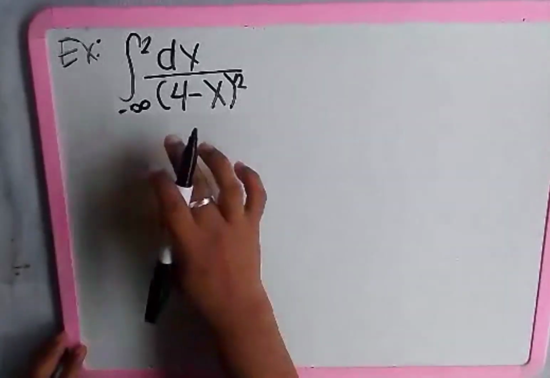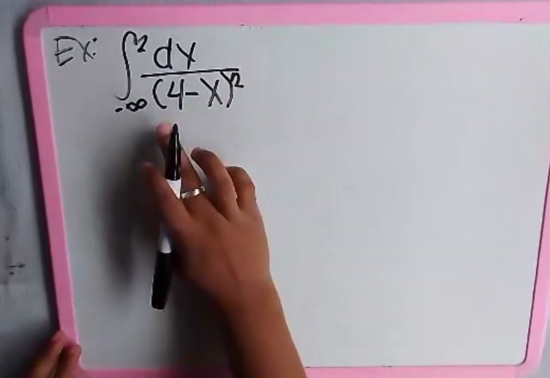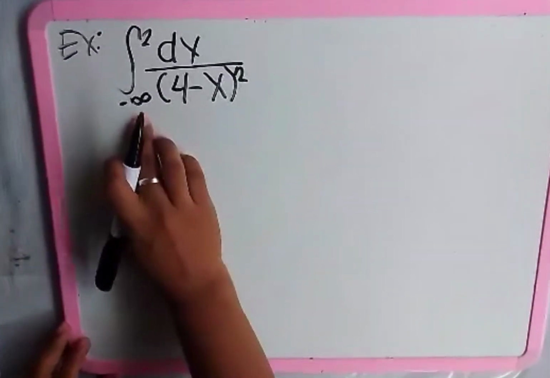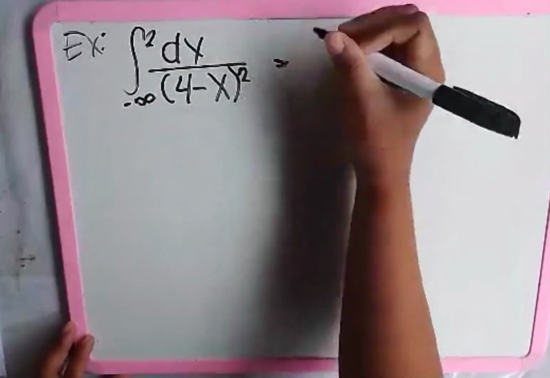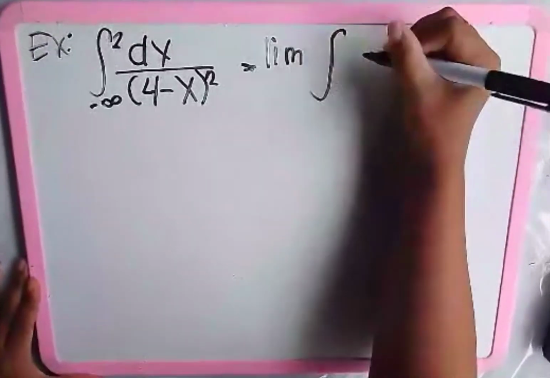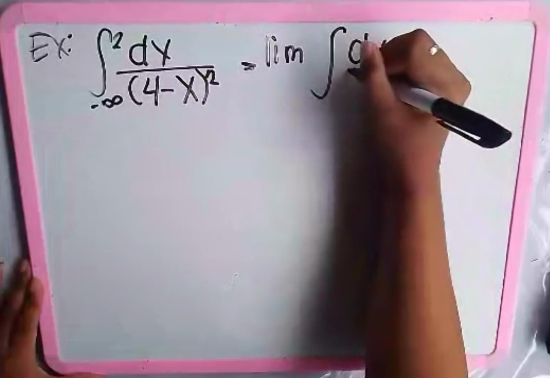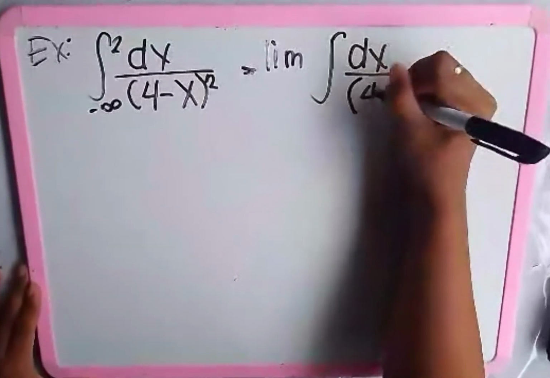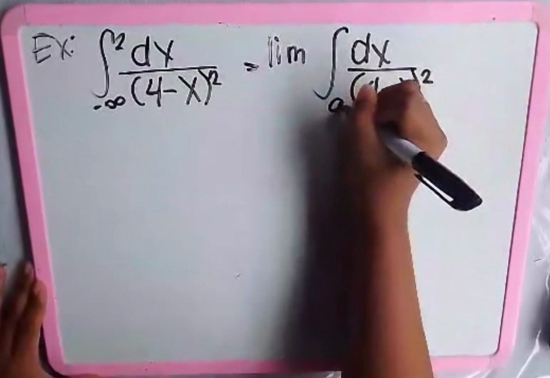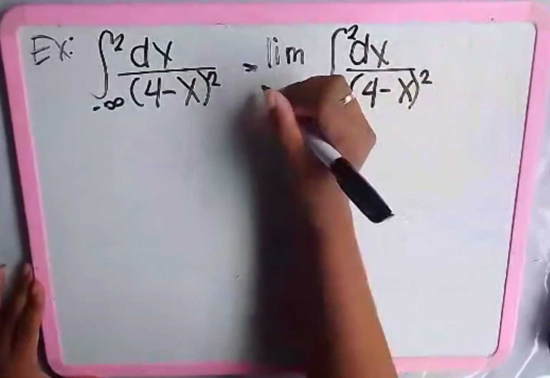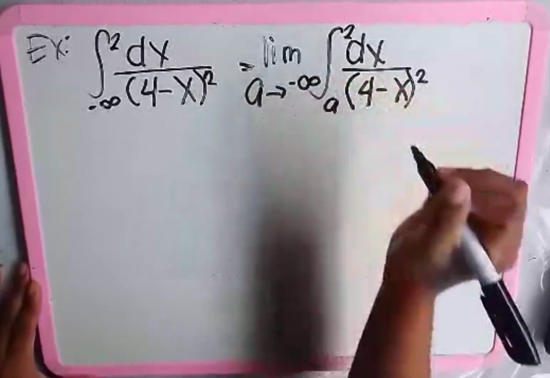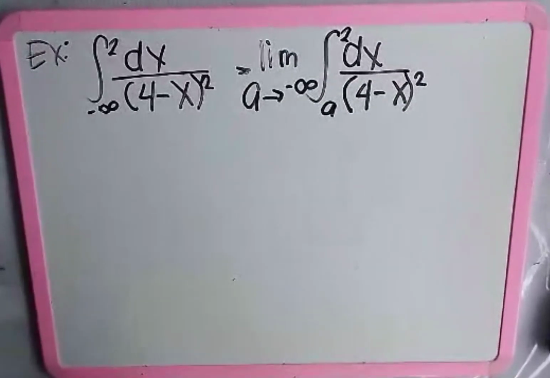The integral of dx over the quantity 4 minus x squared from negative infinity to 2 is equal to the limit of the integral of dx over the quantity 4 minus x squared from a to 2 as a approaches negative infinity. We do the integration and the limit.